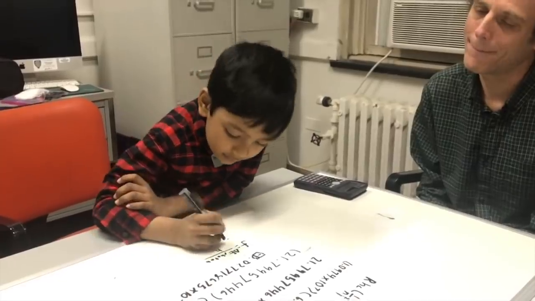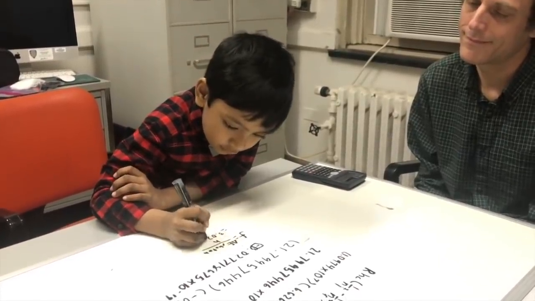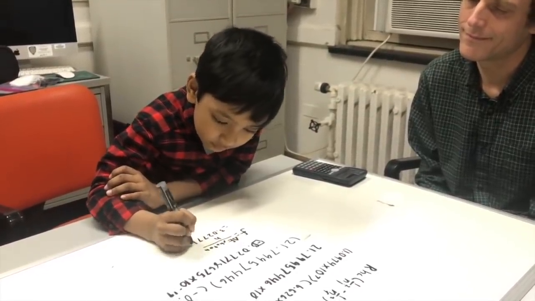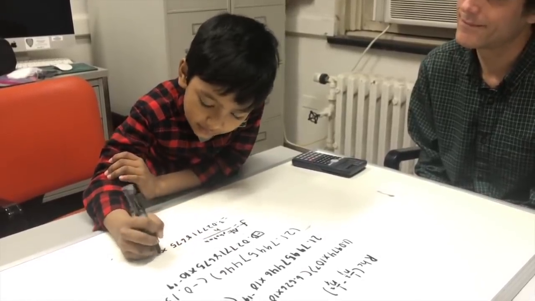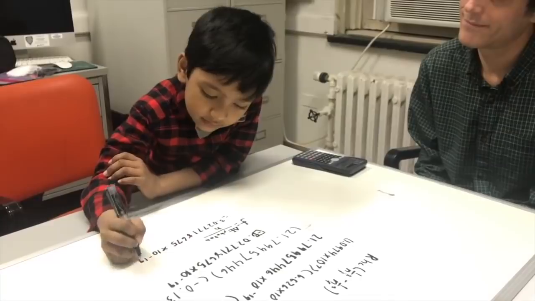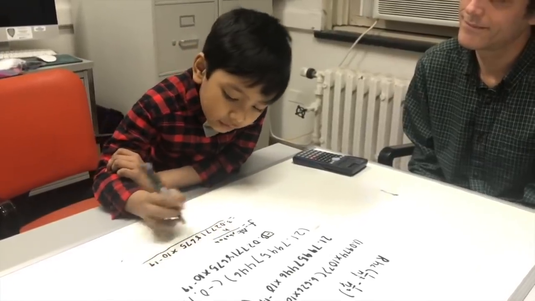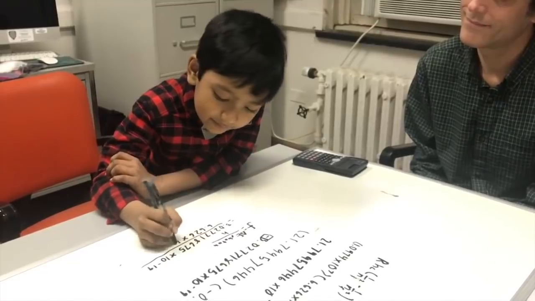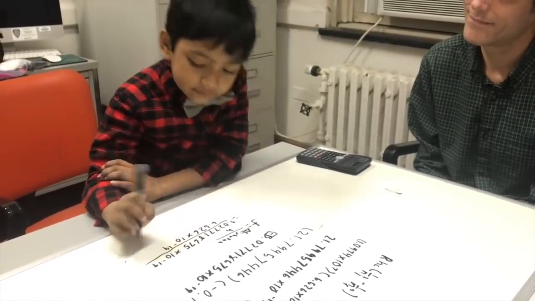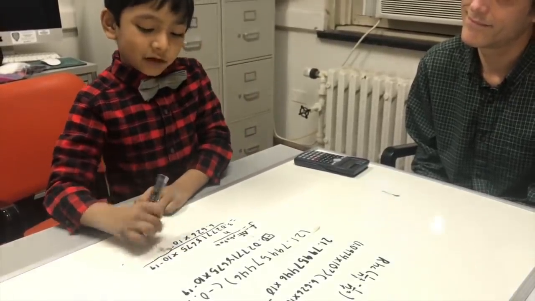Sorry. So 3.027718675 times 10 raised to the negative 19 divided by the Planck constant, 6.626 times 10 raised to the negative 34.